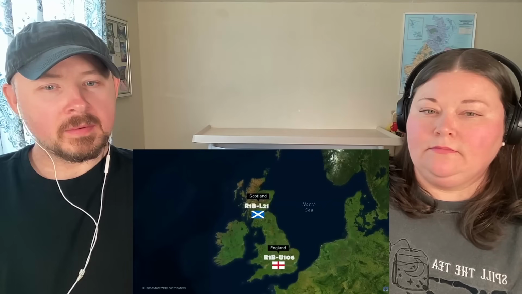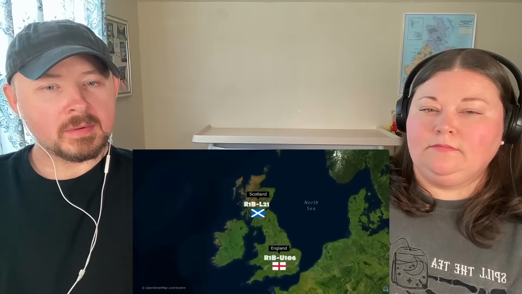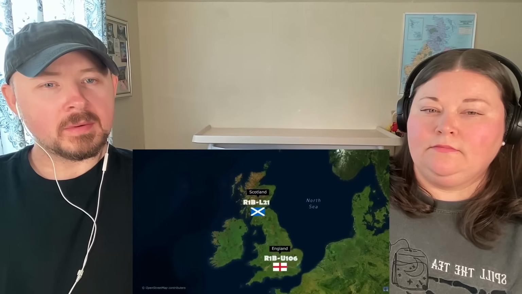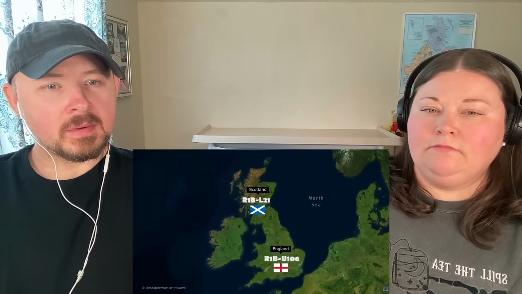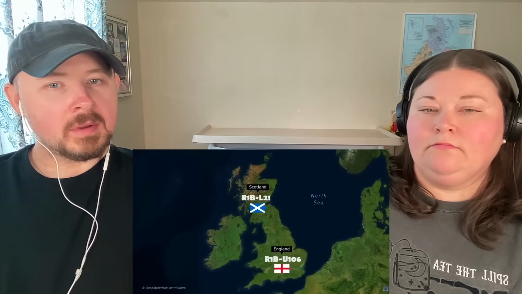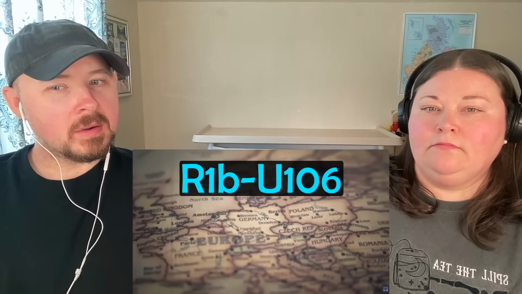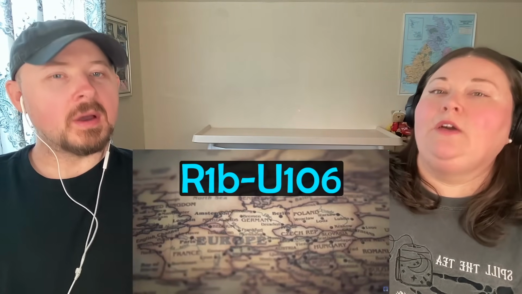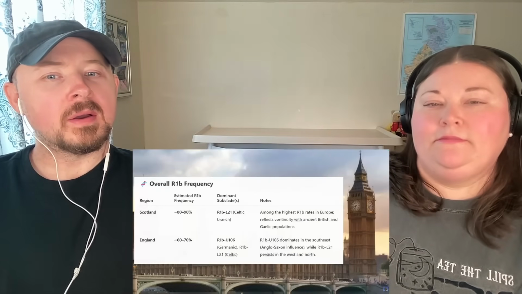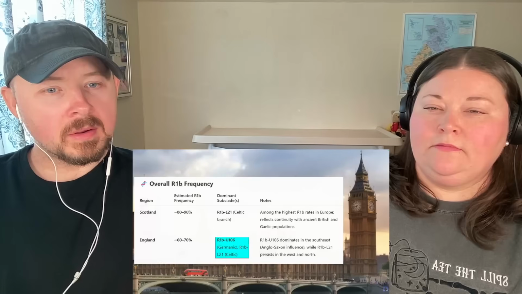This branch of R1b reaches its peak frequencies in the North Sea regions, in places like the Netherlands, northwest Germany, Denmark and southeast England, and is associated with the migration of Anglo-Saxons and related Germanic peoples. England also has a Celtic backdrop though, and is thus dominated by two main branches of R1b.